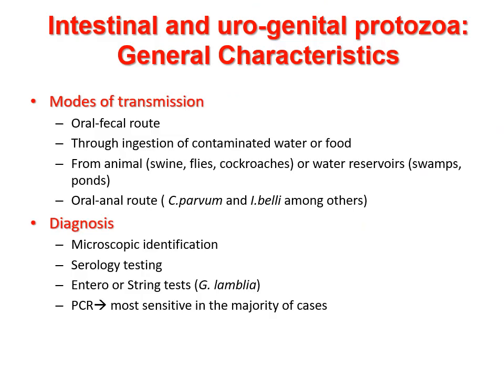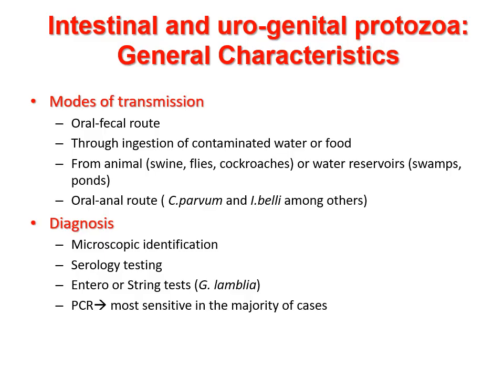Let us start by recapitulating a little bit some of the properties of intestinal and urogenital protozoa. Remember that the mode of transmission of intestinal protozoa is usually the oral-fecal route or through ingestion of contaminated food or water.